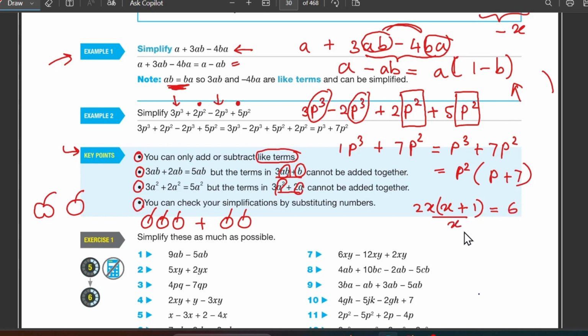Now I can see that these two cancel out. Then I simply get 2x plus 2 equals 6.